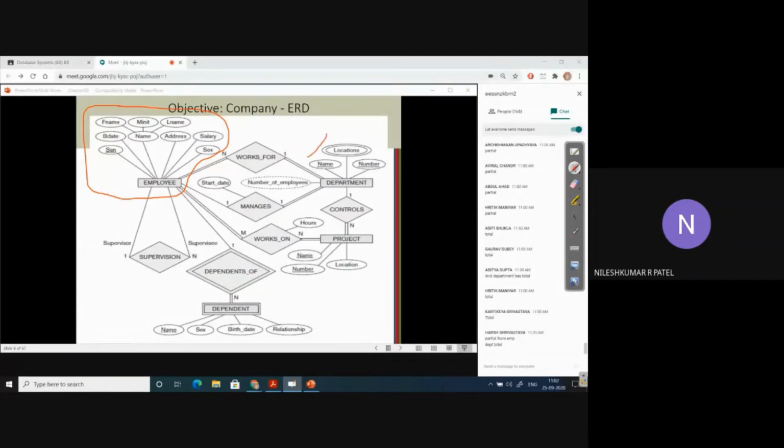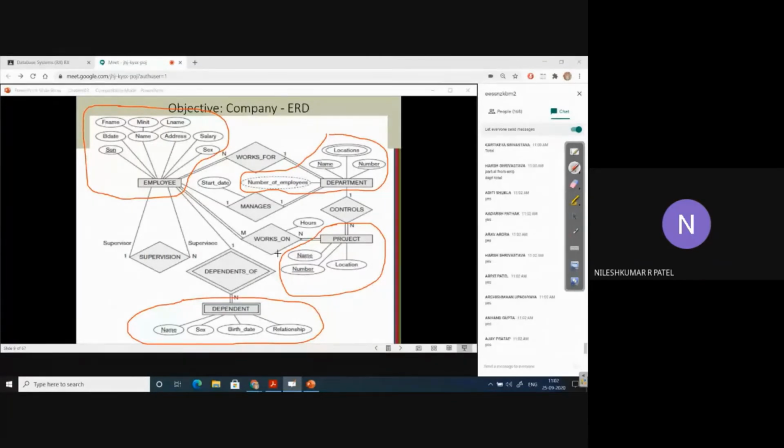As we discussed in the last class, this is the second piece, second entity type. This is the third piece, third entity type, and the last is the dependent entity type. I discussed this in the last class. Yes or no?